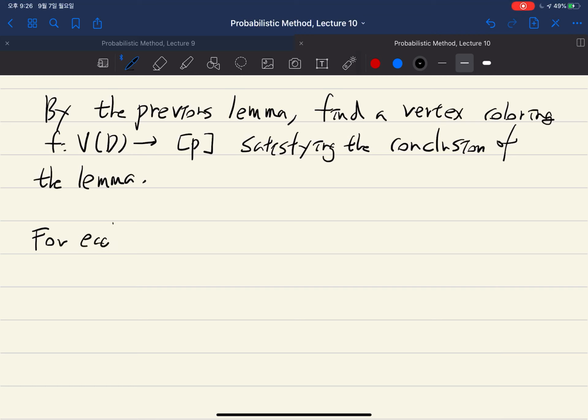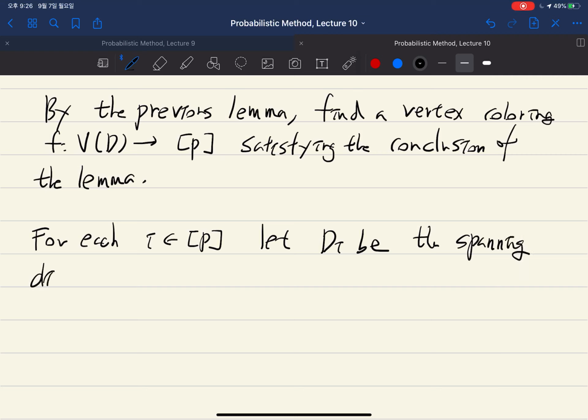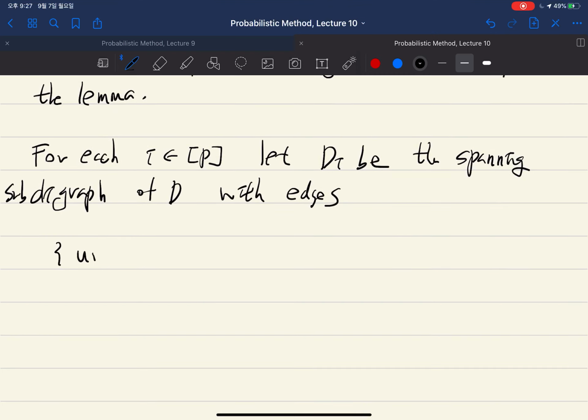And for each i, let Di, as we planned, be the spanning subdigraph of D with edges uv, where f of v is f of u plus i modulo p.